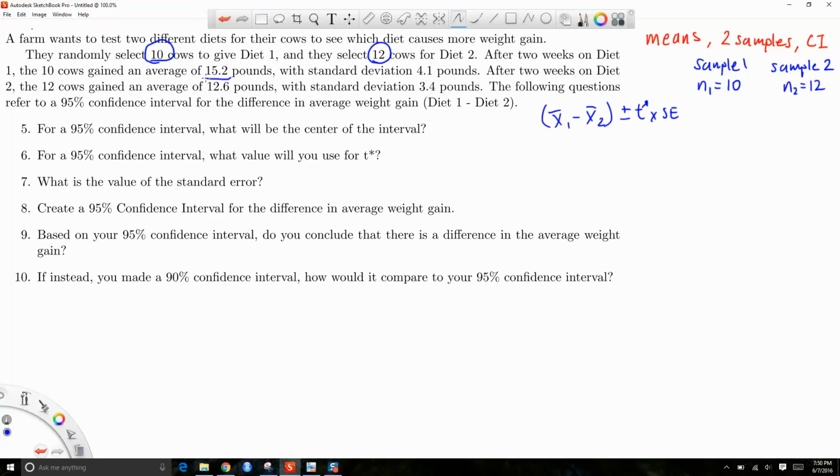The average of 15.2 is going to be x bar 1. S1 is 4.1. Sorry, thank you. And then x bar 2 is 12.6, and S2 is 3.4.